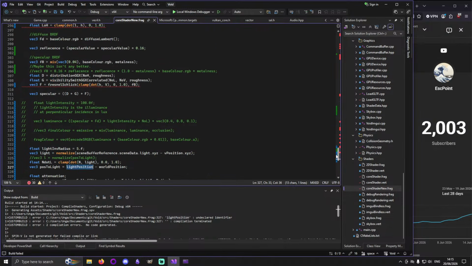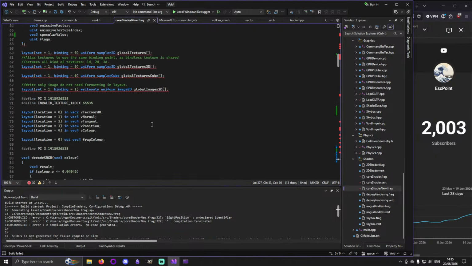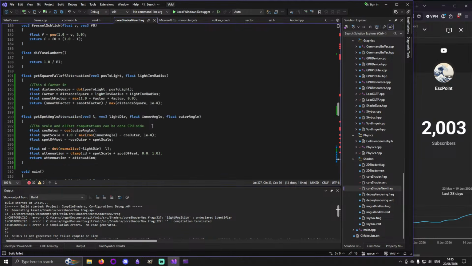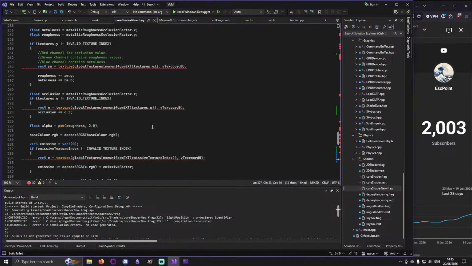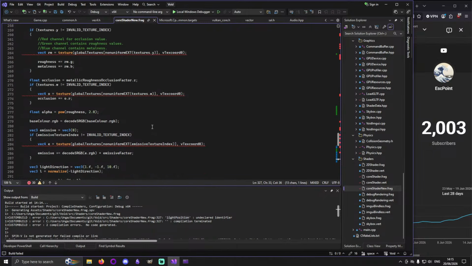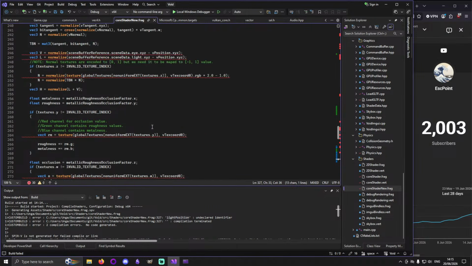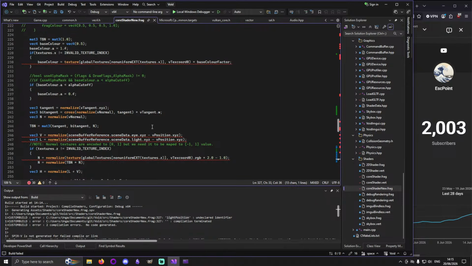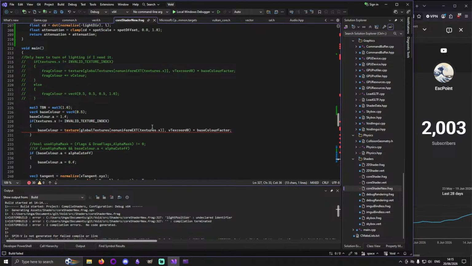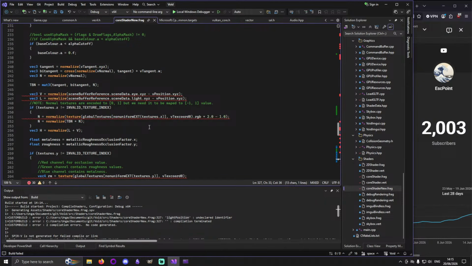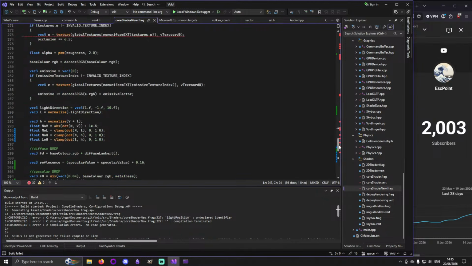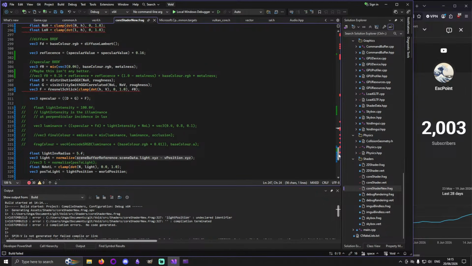I think I can probably just reuse my lighting position that I get from inside the CPU, right? Where is that? Okay, so light position, which I assume. Okay, so that's the light. Right, sorry, what are we looking for again? Light position.